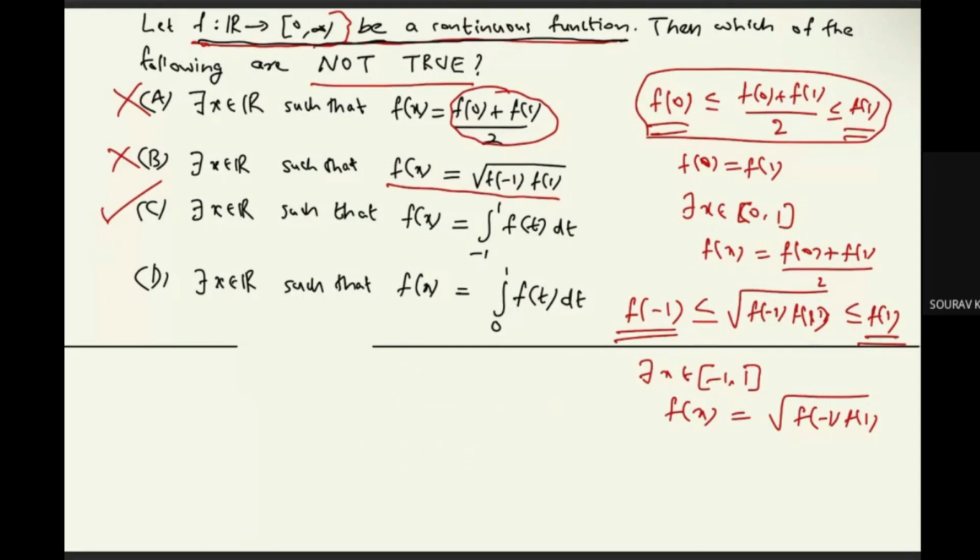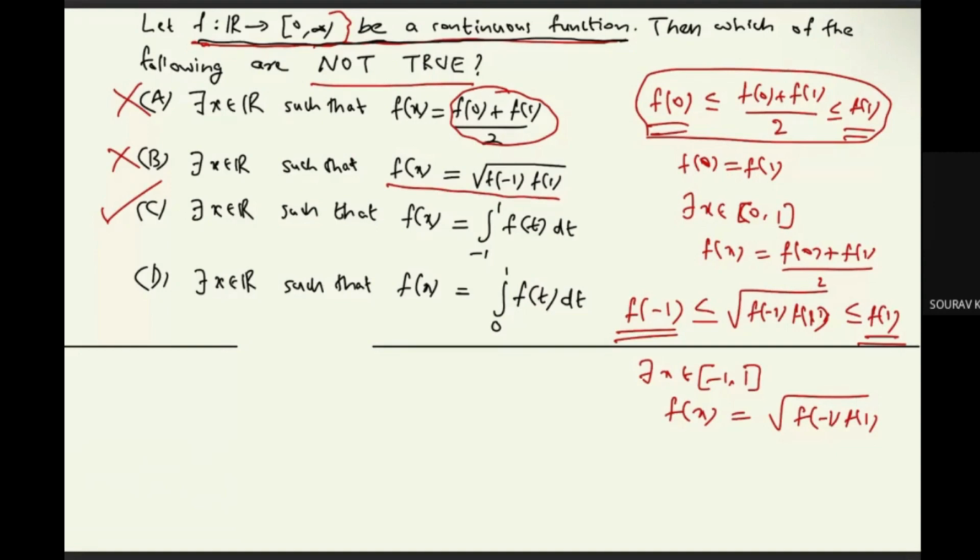If you are not aware of this, I will tell you. This statement is actually true, and I'll tell you why. This is again by the intermediate value property and some facts about continuous functions.